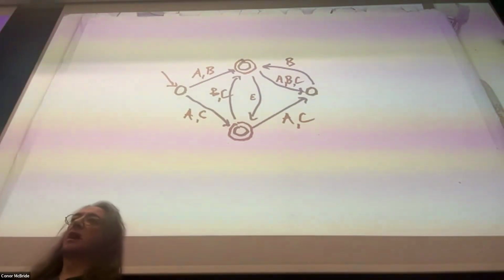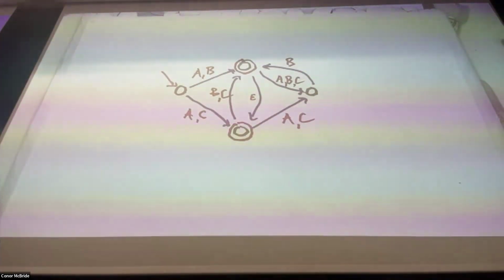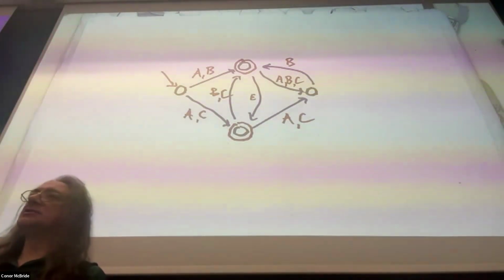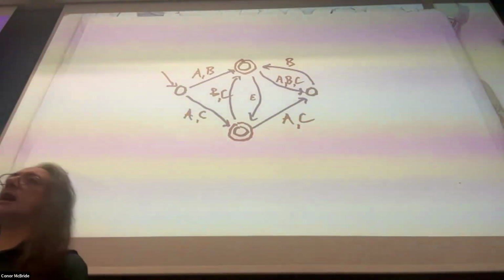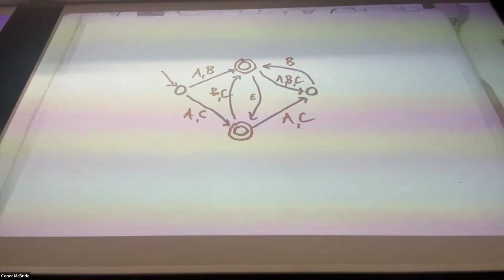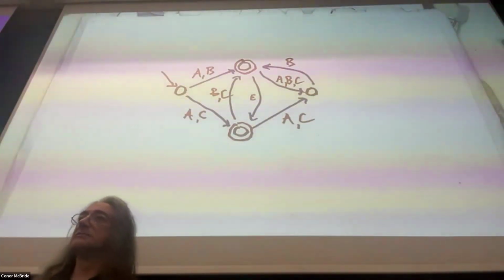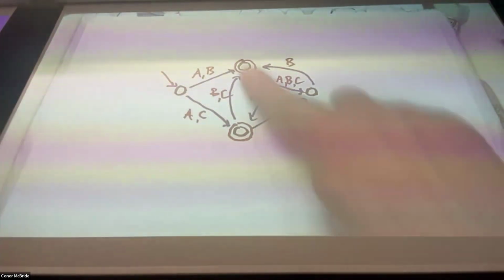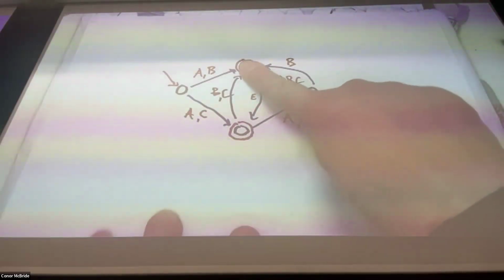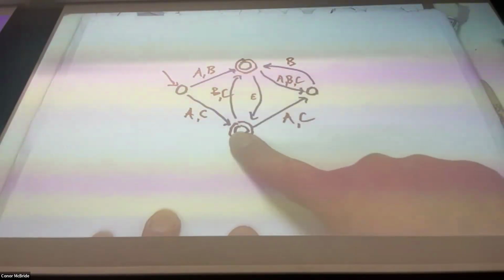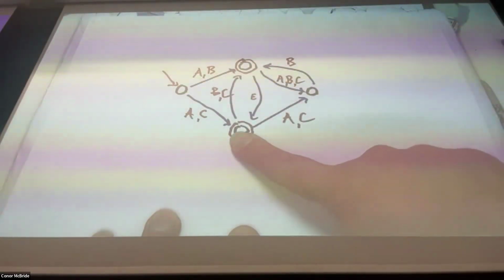The arrows labeled with epsilon are transitions the machine can spontaneously make without taking in any input at all. So if we're here, then the machine is allowed to say, I don't like it here anymore, I'm going there, without receiving any input.